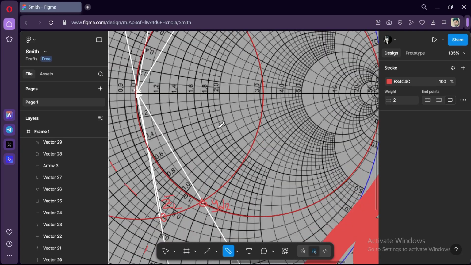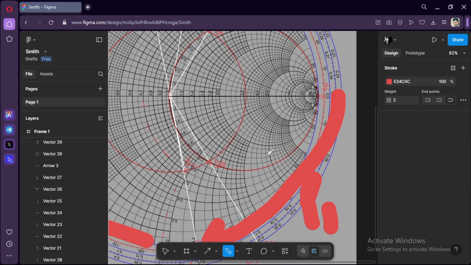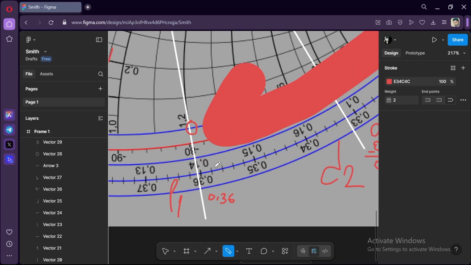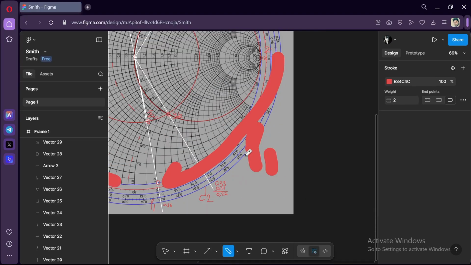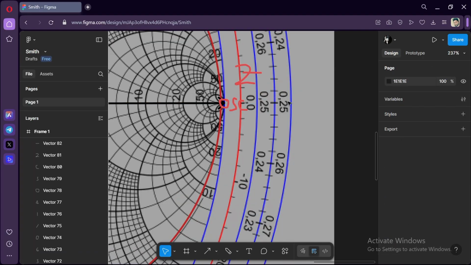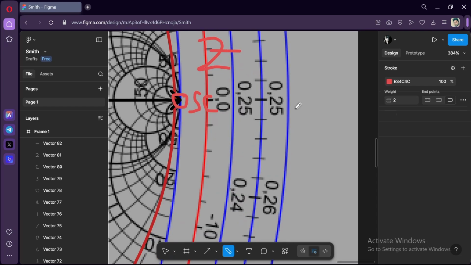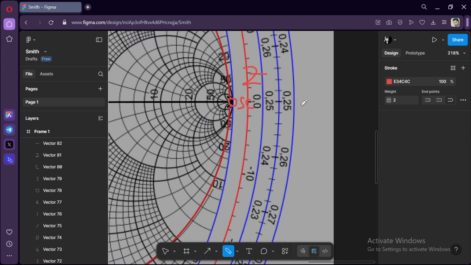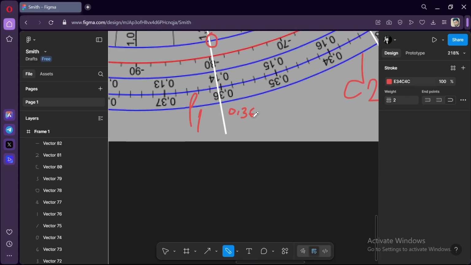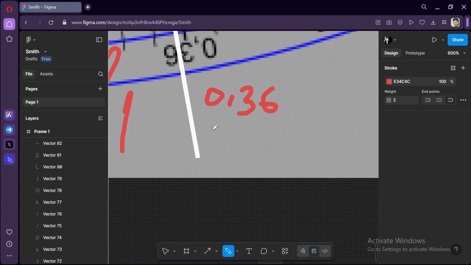Now, we are starting from the short circuit to this L1. The lambda value of the short circuit is 0.25, okay? We are coming from here to here, so we subtract 0.25.